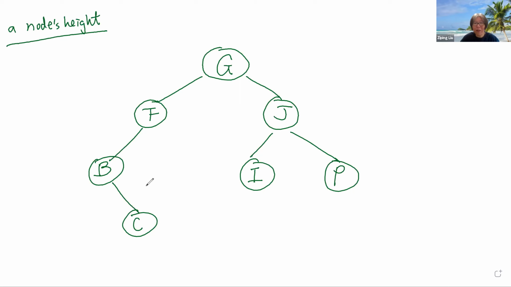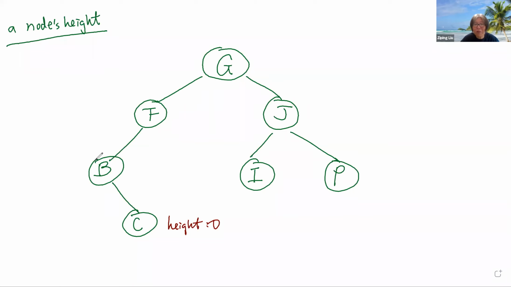Let's take a look at node C. Node C is a leaf node, so it doesn't have any arc to any other nodes. So its height is 0.